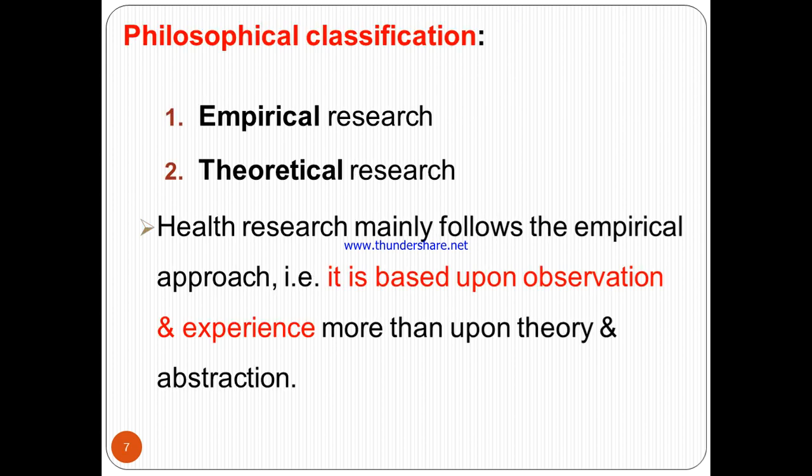Philosophically, research can be classified as empirical research and theoretical research. Health research mainly follows the empirical approach, because health research is based on observation and experience, more than theory and abstraction.